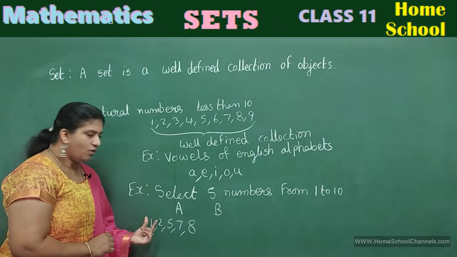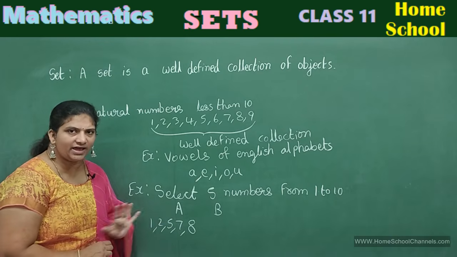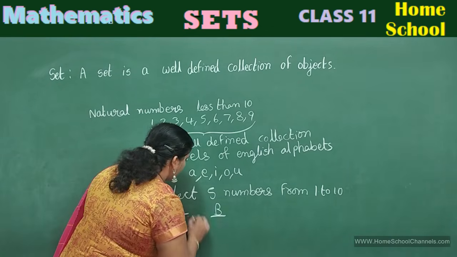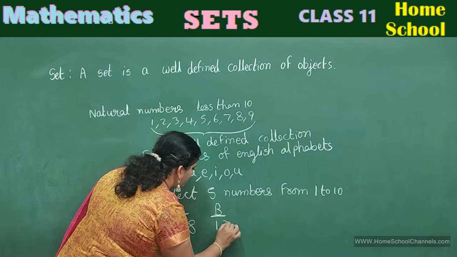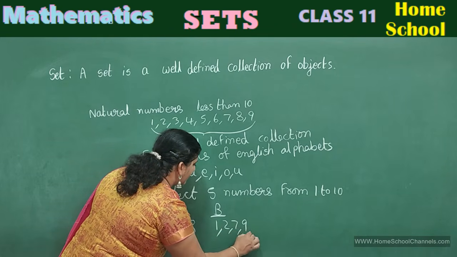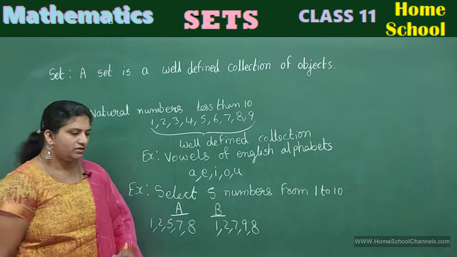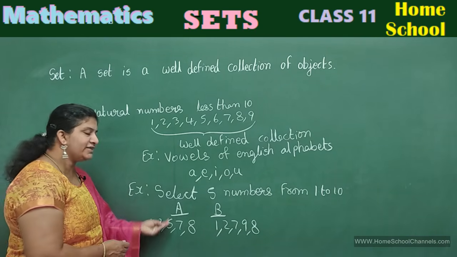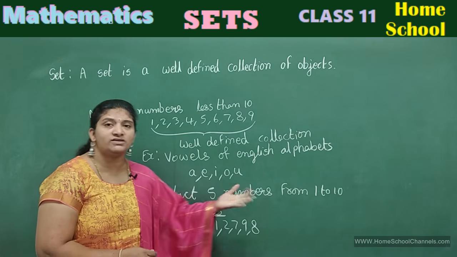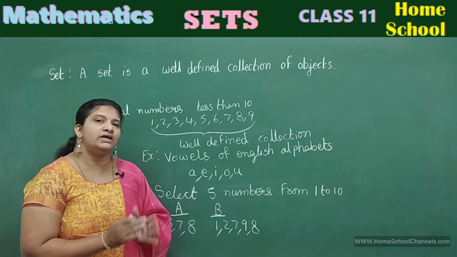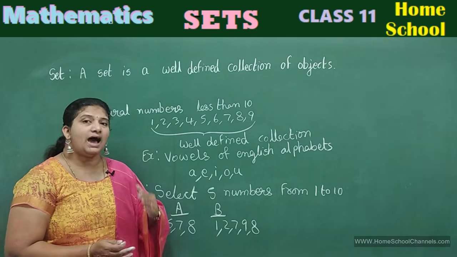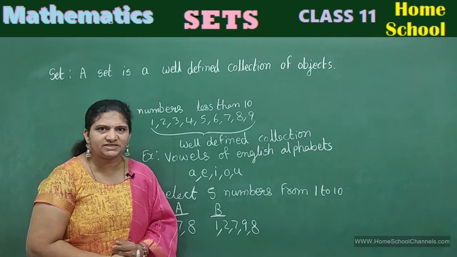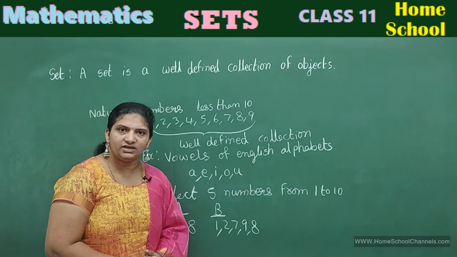He selects 5 numbers, 1, 2, 5, 7, 8, any 5. Next, coming to B, they may select 1, 2, 7, 9, 8. See here, do you get the same answer? No. A's choice is different and B's choice is different. Whoever you ask this question, the answers will be different. Will the answers be the same? No, they will be different.